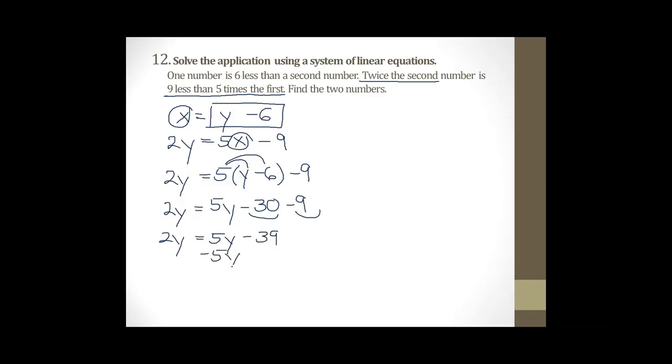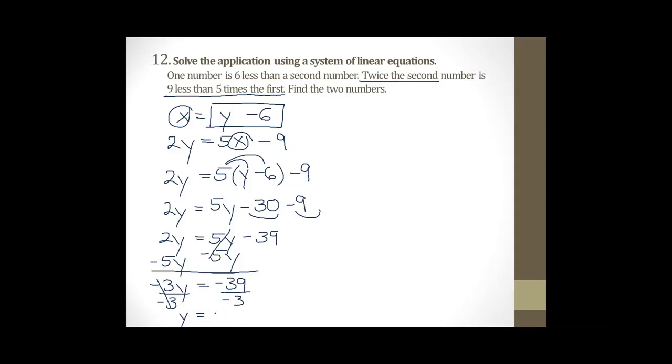Subtracting 5y from both sides to get y all alone cancels out on this side. Now I have negative 3y is equal to negative 39, and then dividing by negative 3, which is negative 39 divided by negative 3.